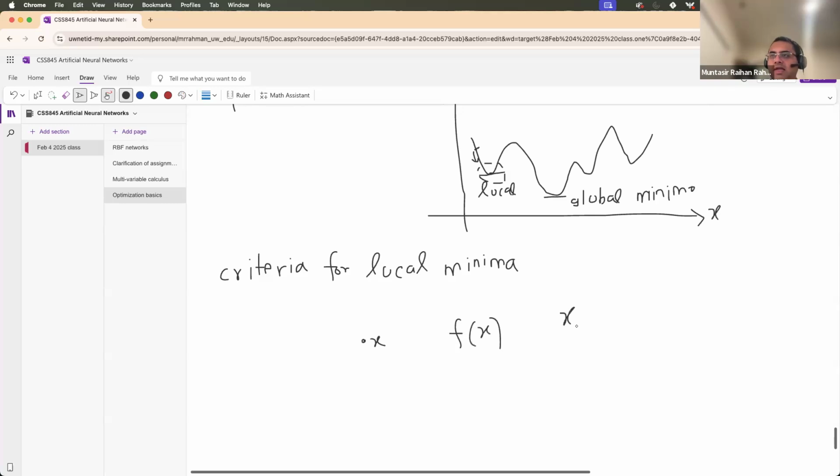And then I move slightly away from x, to x plus delta x. So x is moving a small amount. Let's say x is this point, and I'm moving a small amount to here, which is x plus delta x. If I want x to be a local minima, what should be the relation between f of x and f of x plus delta x, where x plus delta x is very close to x? Which one should be bigger, do you think?